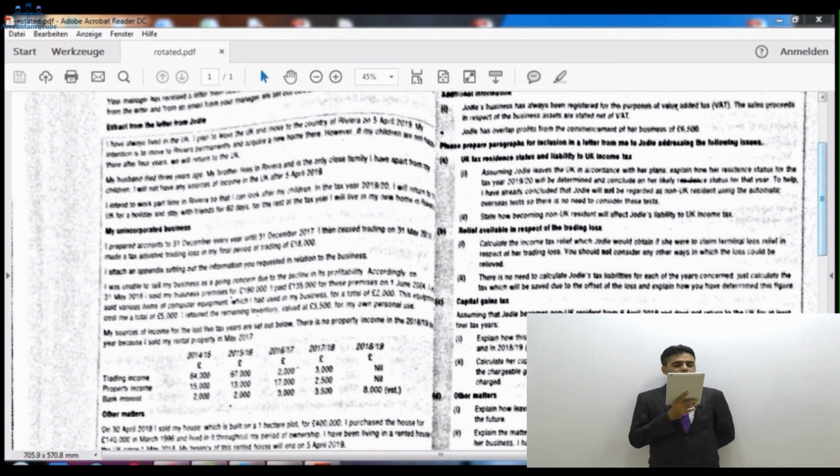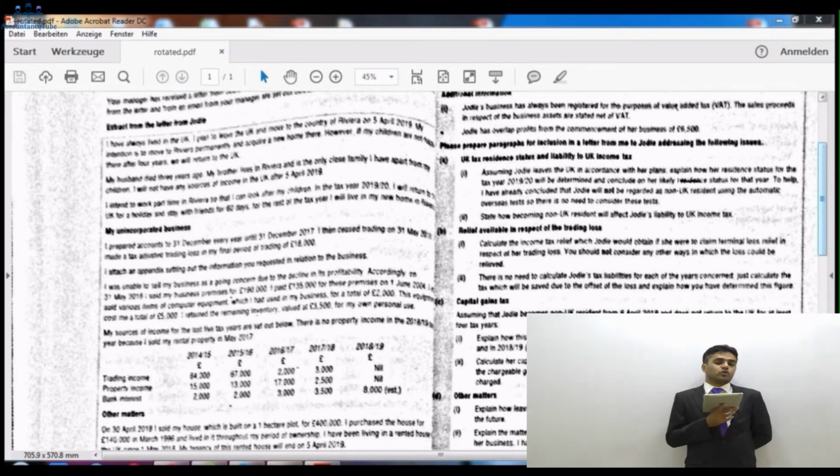I prepare accounts to 31st of December every year until 31st of December 2017. So she used to prepare accounts to 31st of December every year until 31st of December 2017. What would happen after that? I then ceased trading on 31st of May 2018. I made a tax adjusted trading loss in the final period of trading of £18,000.